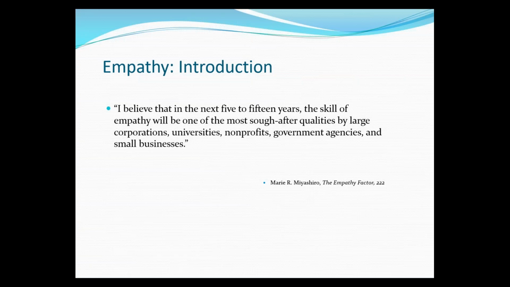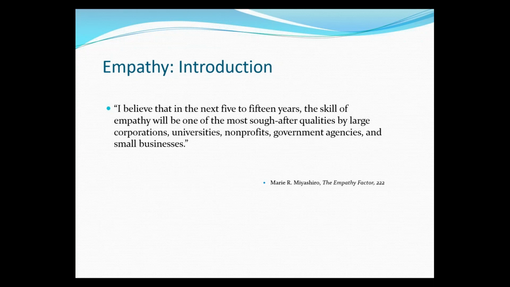And what she says about empathy is, I believe that in the next 5 to 15 years, the skill of empathy will be one of the most sought after qualities by large corporations, universities, nonprofits, government agencies, and small businesses.